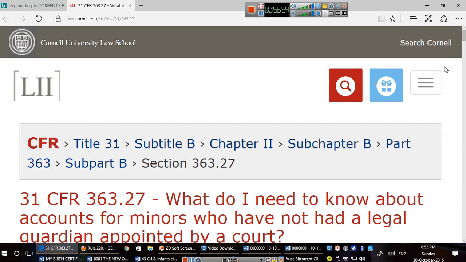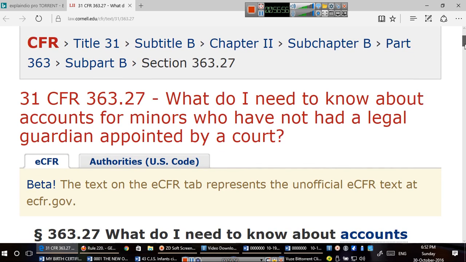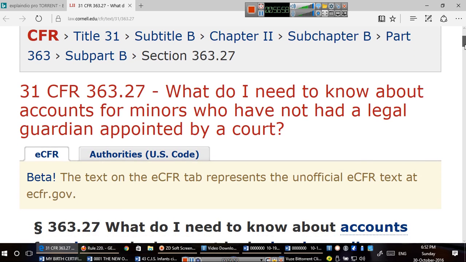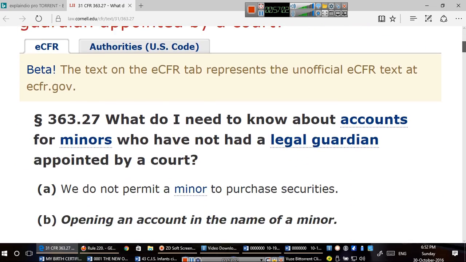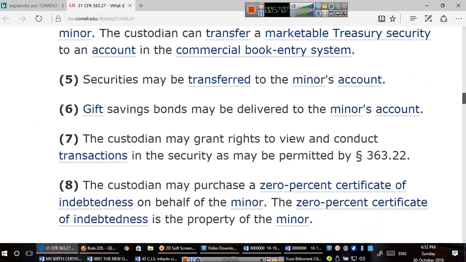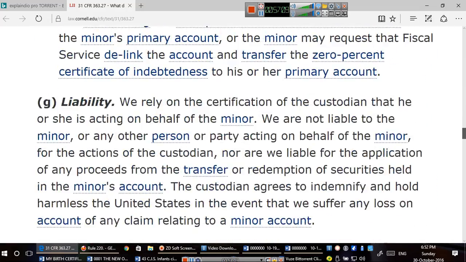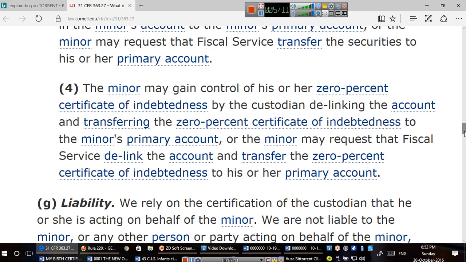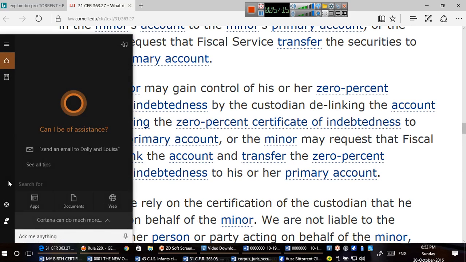Okay, this is 27. What do I need to know about accounts for minors who have had a legal guardian appointed by the court? I don't need to know that part. I'm not concerned about that part. I'm more concerned about 27 by itself. Minors may gain control of his or her account, 0% certificate of indebtedness and all this stuff.